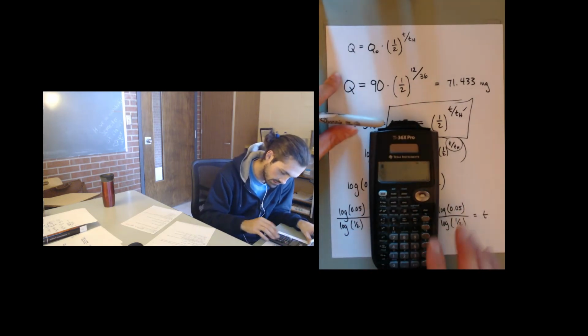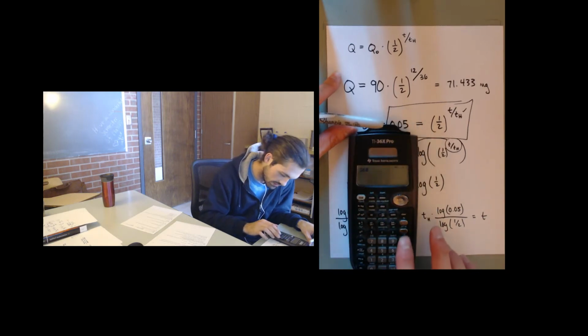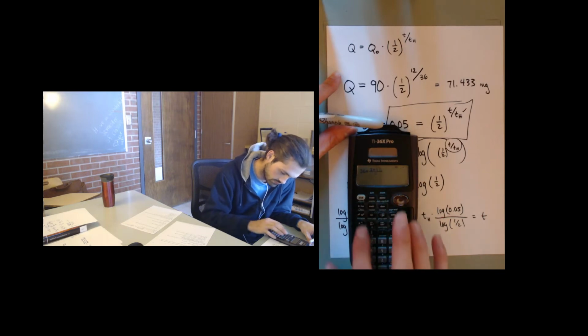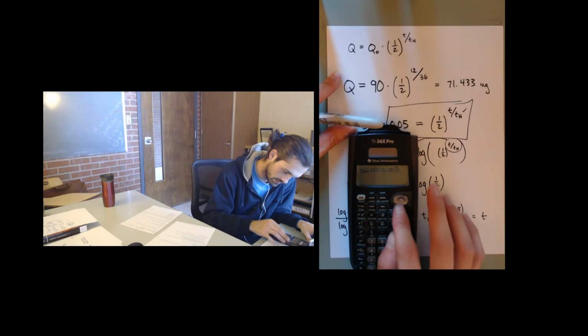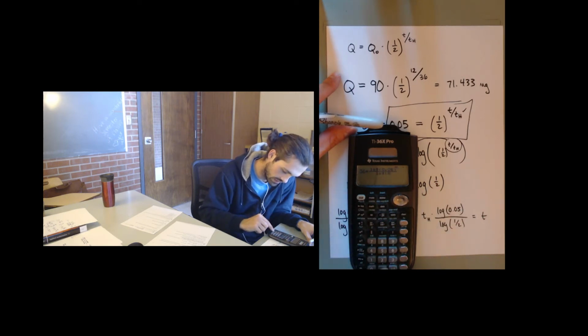So I'm going to take 36 and multiply it by log 0.05 divided by log of a half.